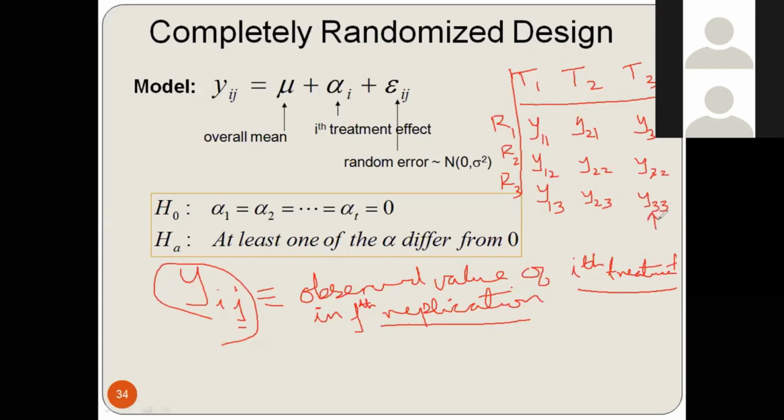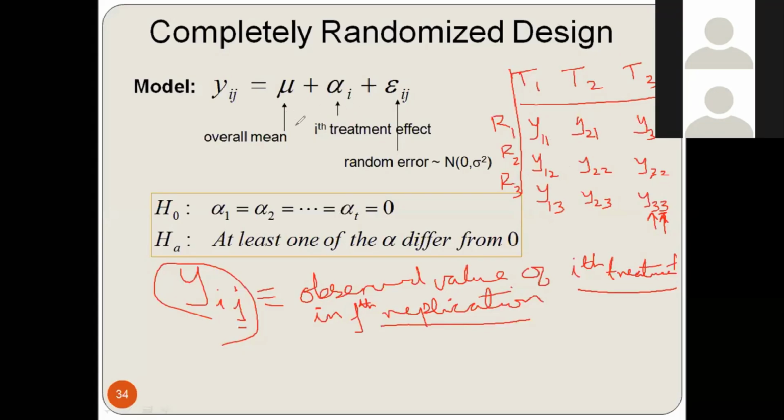Three. First digit indicating the treatment. Second digit indicating the replicate. All right. So this is how we write down each and every observation, right?